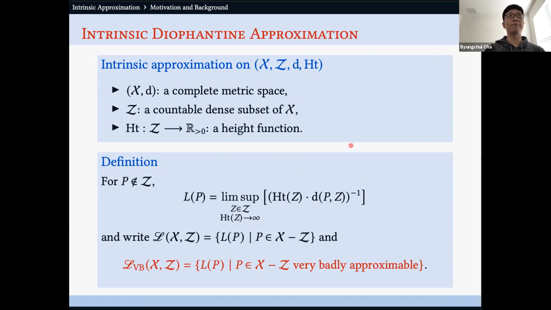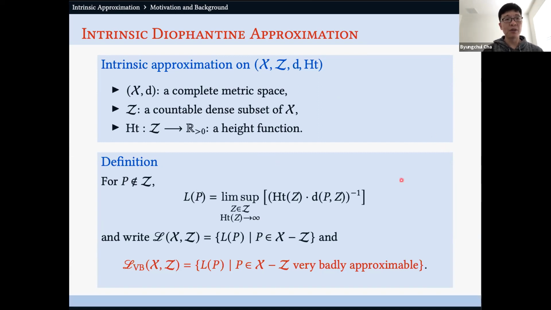So I will be interested in intrinsic Diophantine approximation, meaning that our space comes with a metric. It's a complete metric space, and the approximating rationals will always be a subset of the ambient space X. And it's countable and dense so that I can approximate any point in X. And then I will equip the dense subset Z with a height function, which is the usual business for us to do.